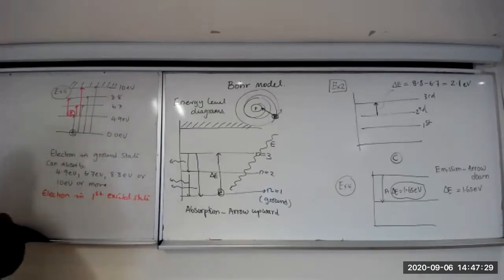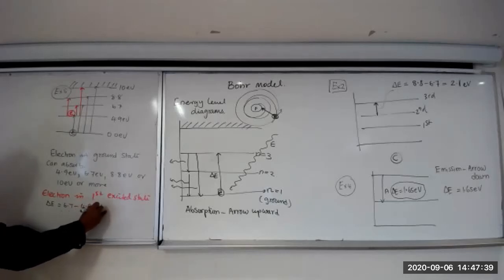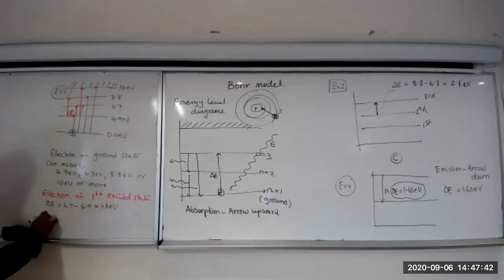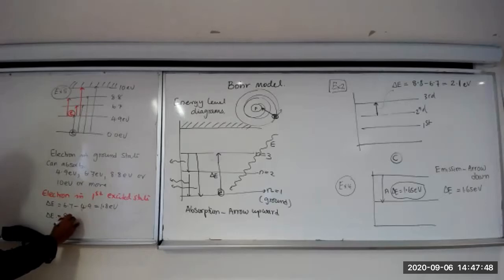In the first excited state, it can absorb the difference, yeah? It can absorb 6.7 take away 4.9, 1.8. It can absorb 1.8. Or it can absorb 8.8 take away 4.9, say 5, 3.8, 3.9.